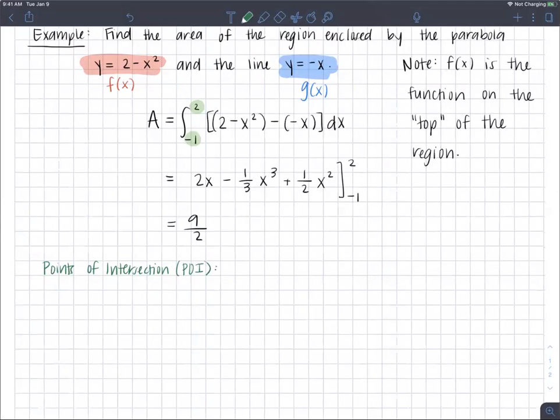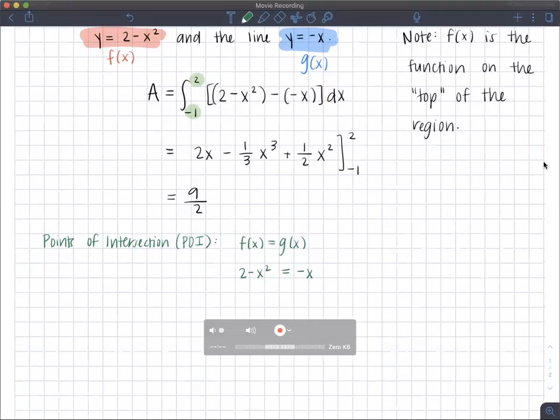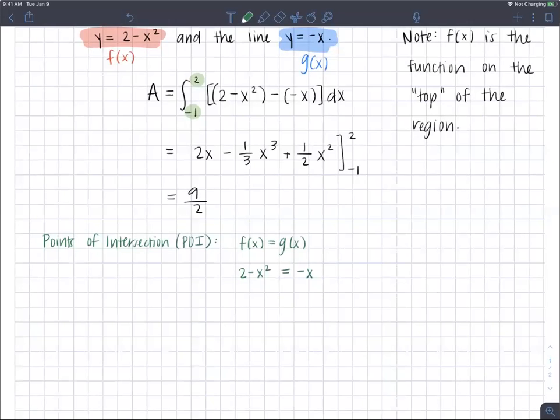And so you just take f of x, set it equal to g of x, and solve for x. So what we're going to have here is 2 minus x squared equals negative x. This is a quadratic equation, so we're going to have to use either the quadratic formula, factoring, anything like that to solve it, right?